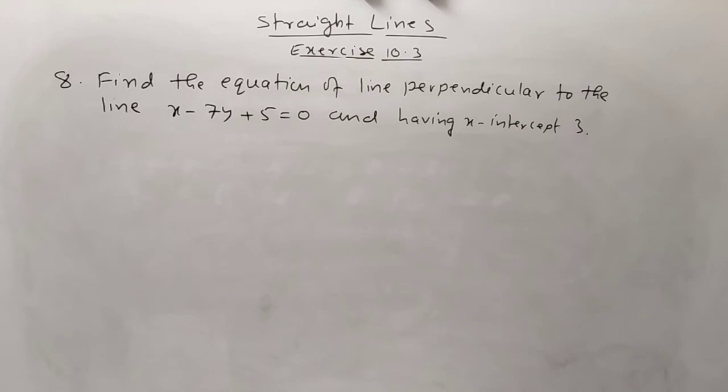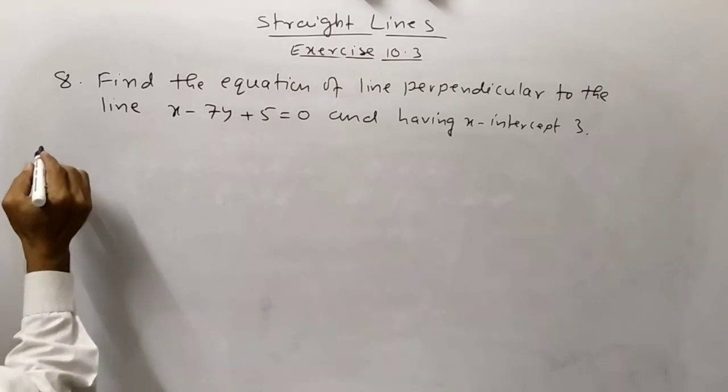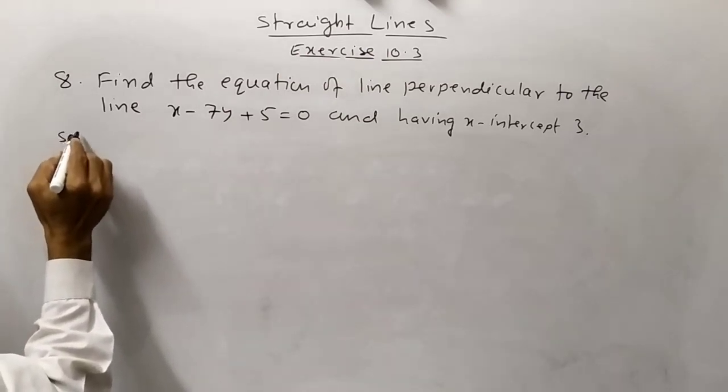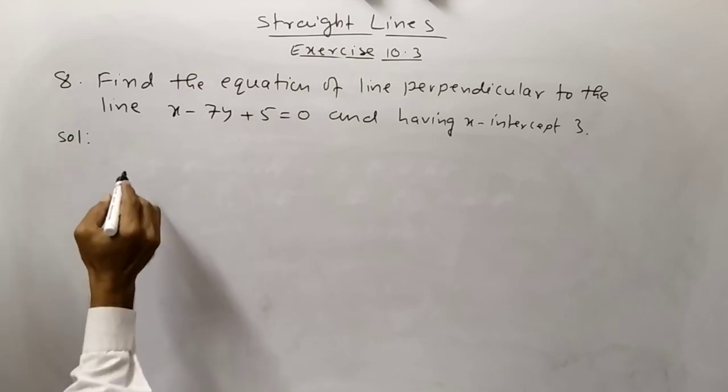Eighth question. Find the equation of line perpendicular to the line x minus 7y plus 5 is equal to 0 and having x-intercept 3. Solution.